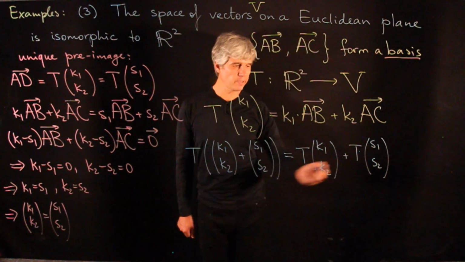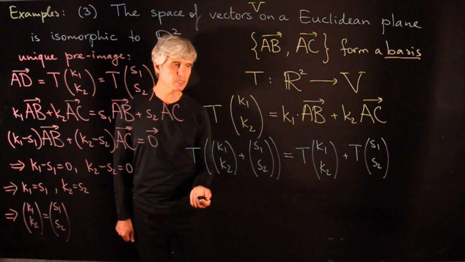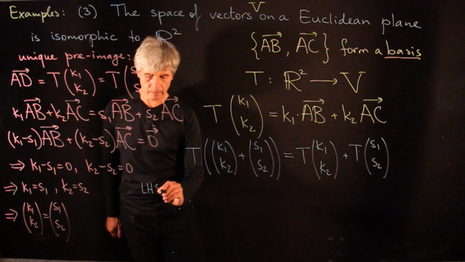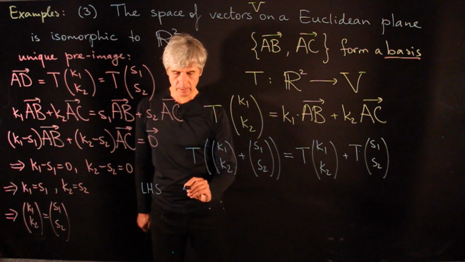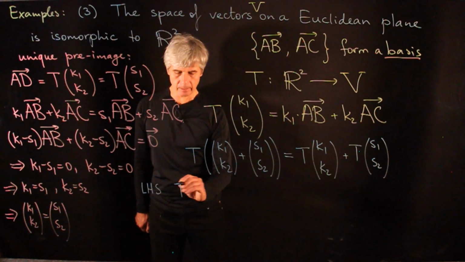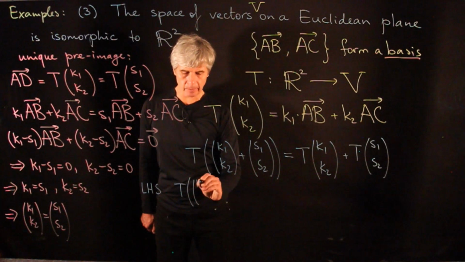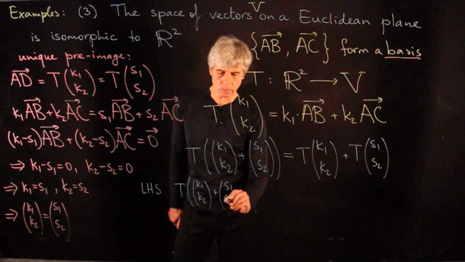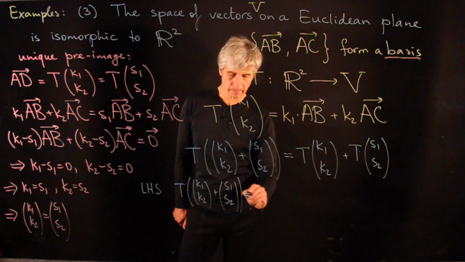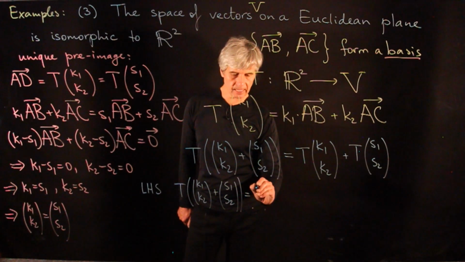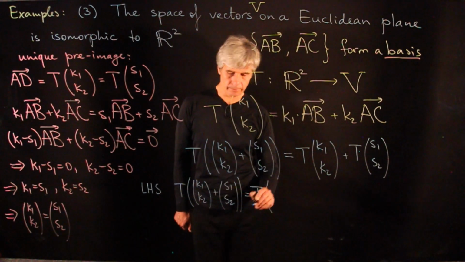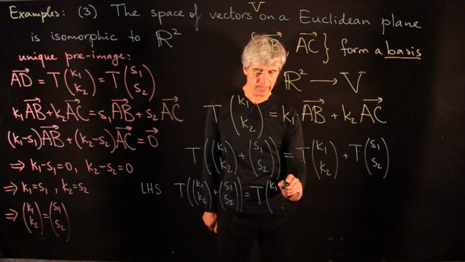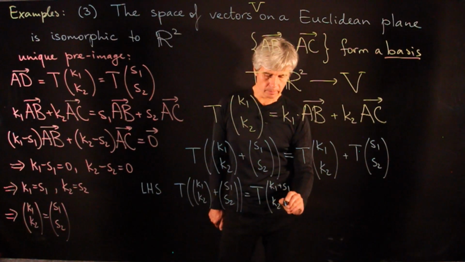Again, we verify this by computing the left-hand side and the right-hand side. For the left-hand side, we have T of (K1, K2) plus (S1, S2), which is T of, so we add these two vectors, (K1 plus S1, K2 plus S2).